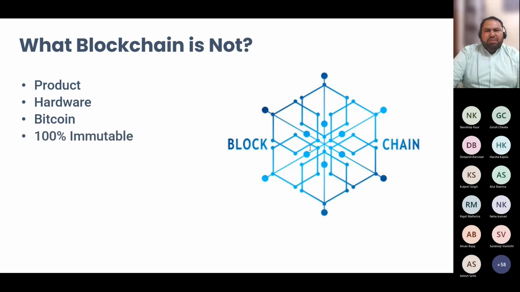Blockchain is not 100% immutable. Blockchain is a technology which is at its nascent or research stage and not fully developed yet. One must also keep in mind that every technology has its own weak points, and blockchain also has its weak points. Recently there was the occurrence of a Sybil attack and Russian interference in United Nations voting.